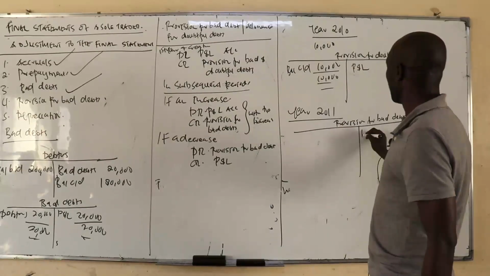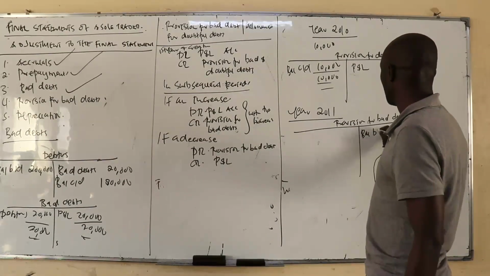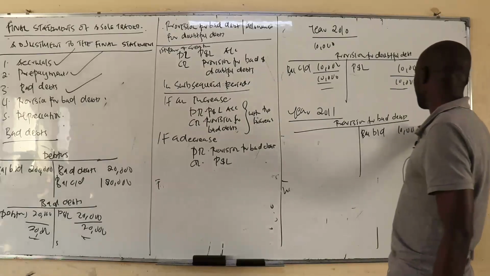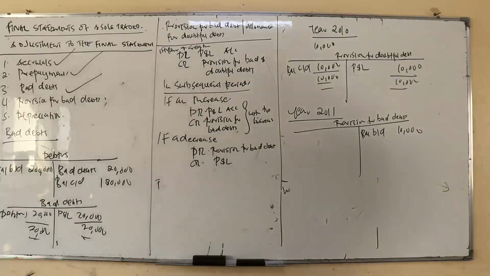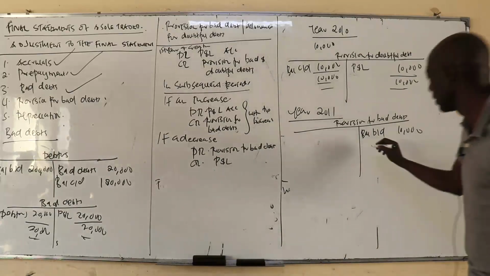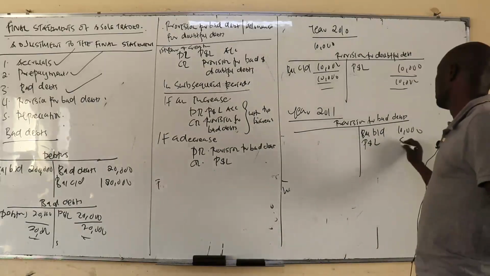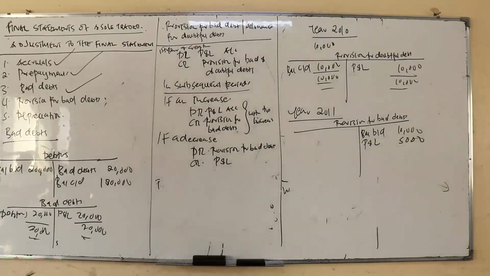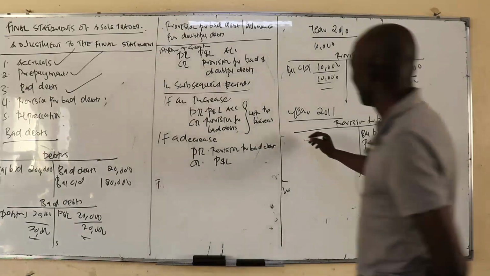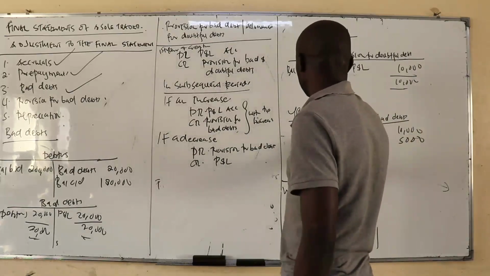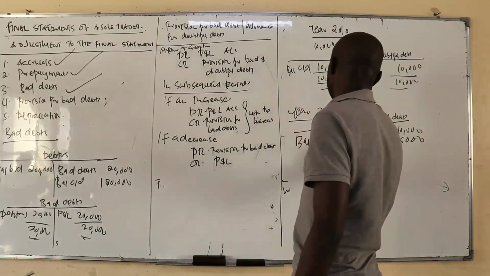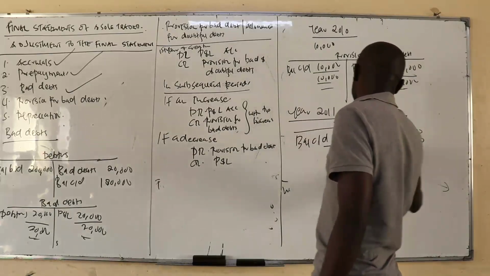So you say here, balance brought down. Balance brought down is 10,000, you still have it in that account. So you want to make it 15. So the amount that you're going to get from the profit and loss in that particular year, 2011, will be only 5,000. So the balance carried down here, now you have 15,000.